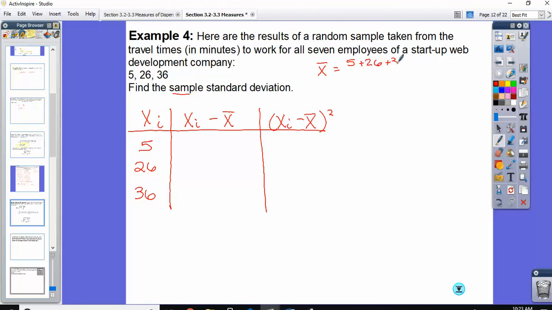So we add those 3 up, divide by 3. Oops, and I get a mean of 22.3333.